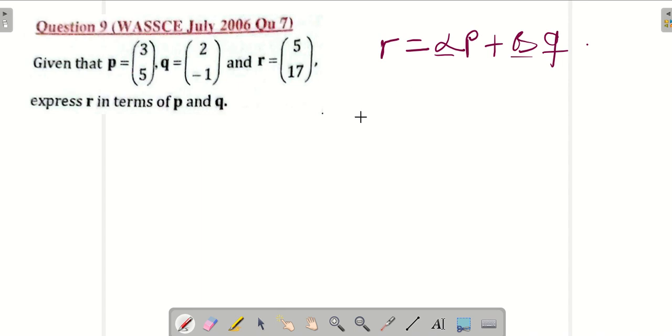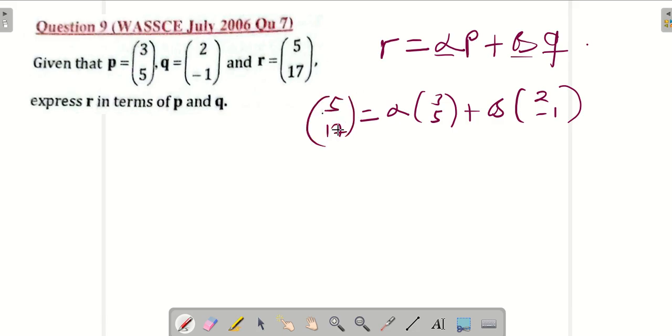So it means that R is going to be equal to alpha multiplying (3, 5), then plus beta multiplying (2, negative 1). R has been given, is that right? So R is (5, 17). Good.